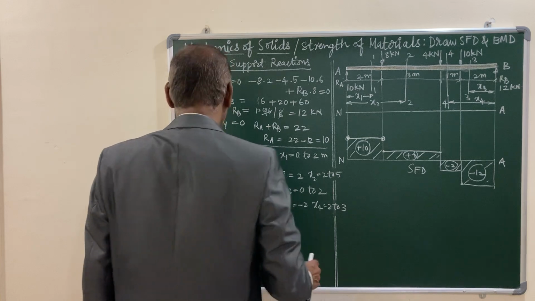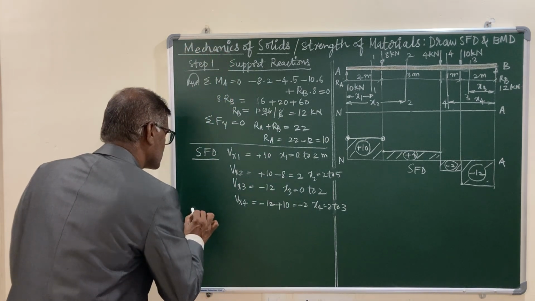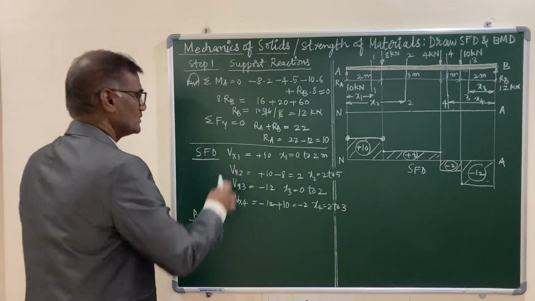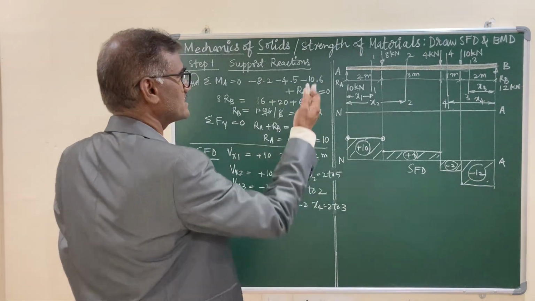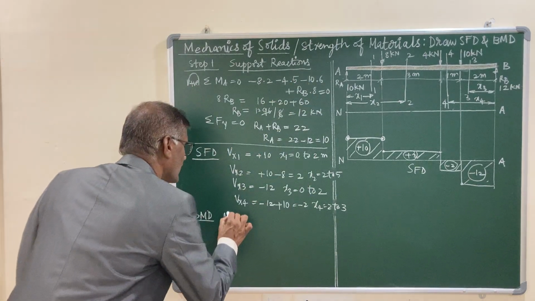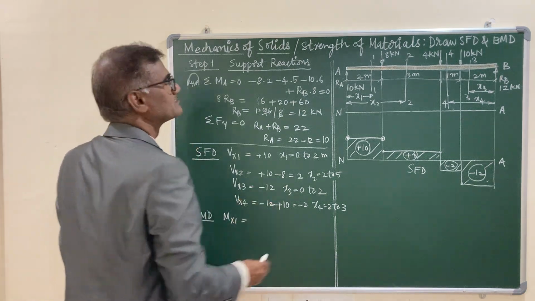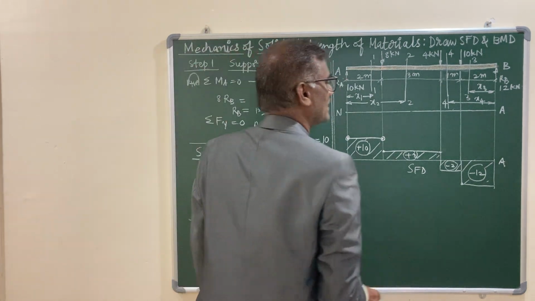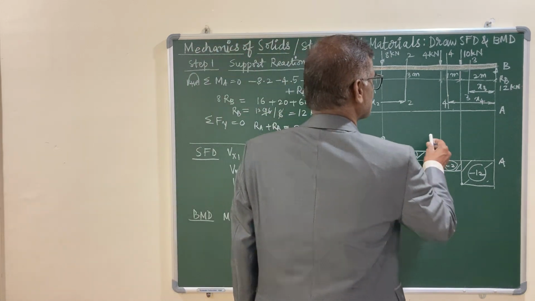Now let us proceed to write the bending moment equation, that is for the bending moment diagram. Let us take the same sections. You can write Mx1 is equal to... as you know, it is very important to understand this bending moment. You know very well that it is a sagging moment.